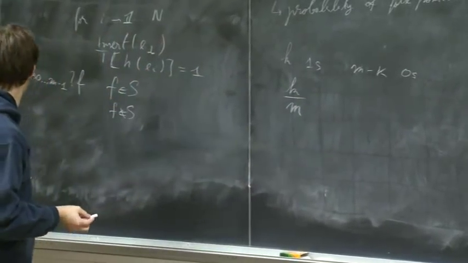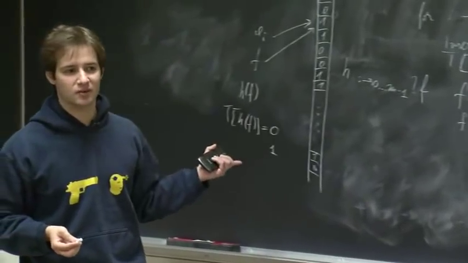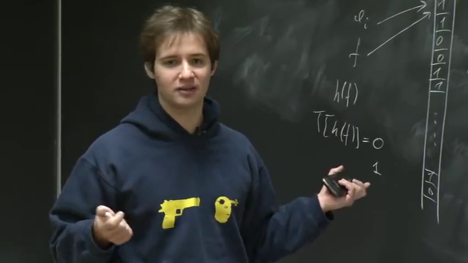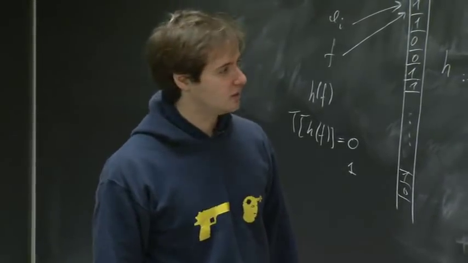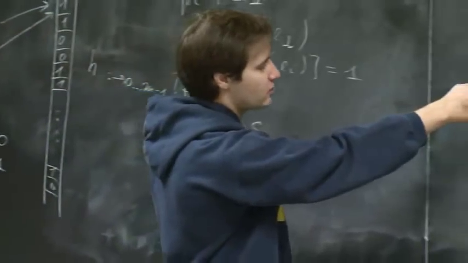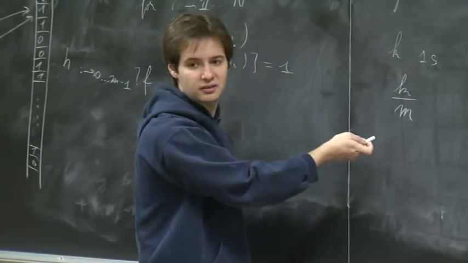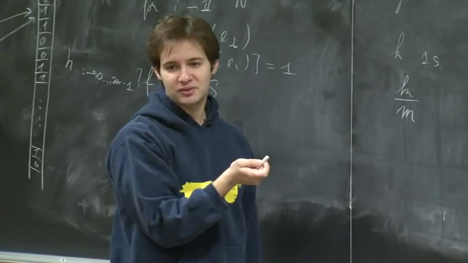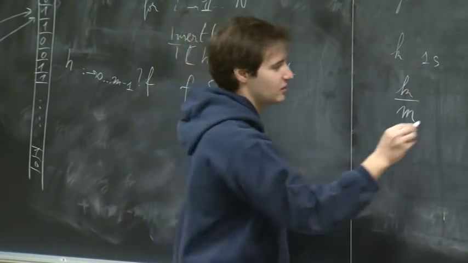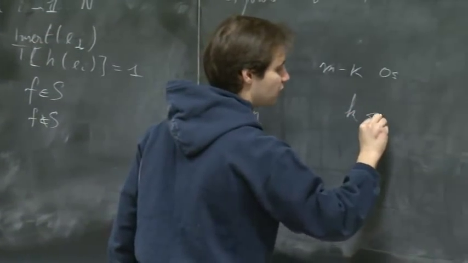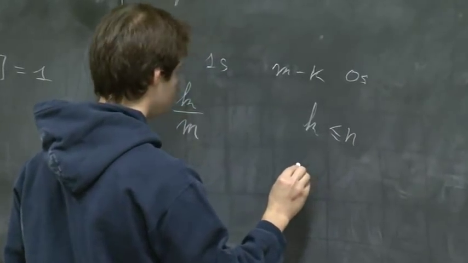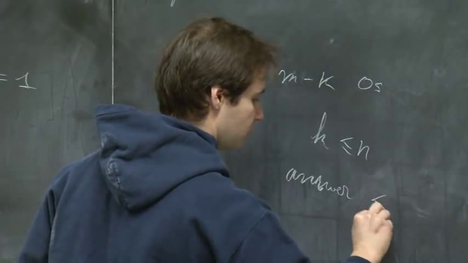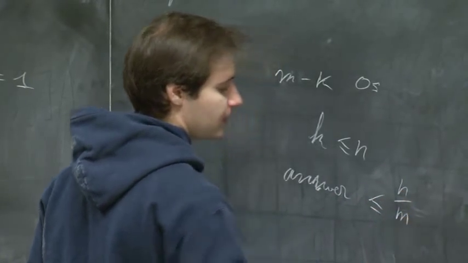So the hash takes m possible values, k of them are 1s. So the probability that the hash is going to hit a 1 is k over m. So if we knew how many 1s we have, then this is the answer. We know that we're going to have at most n 1s. So k is definitely smaller or equal to n, so the answer definitely has to be smaller or equal than n over m.